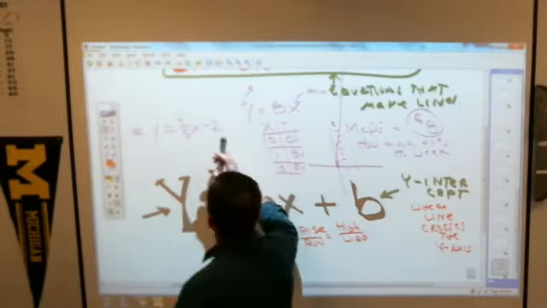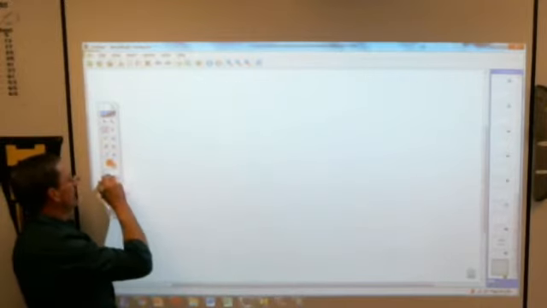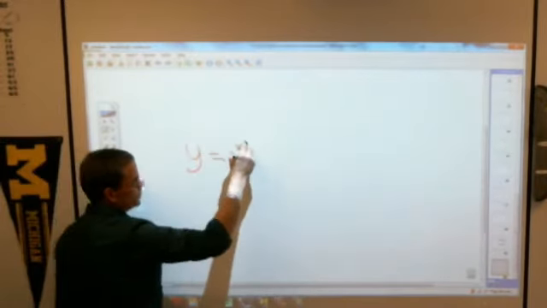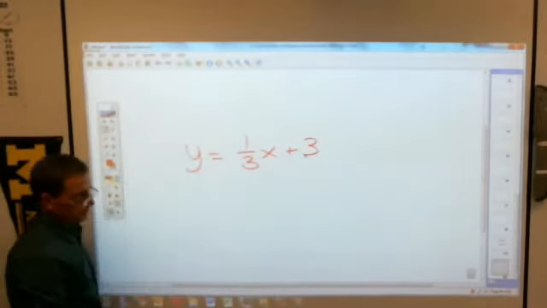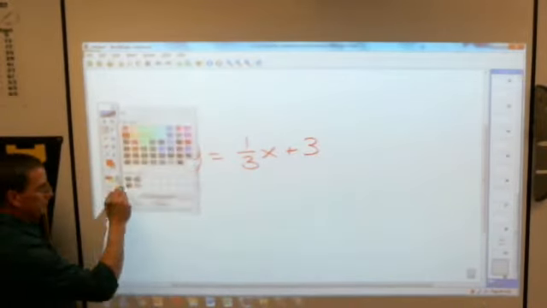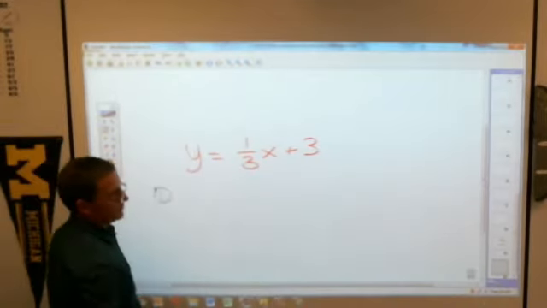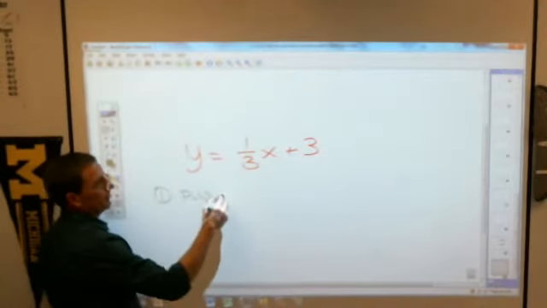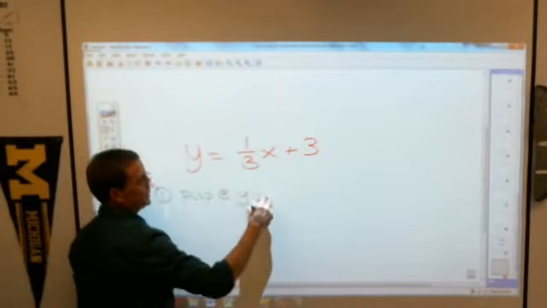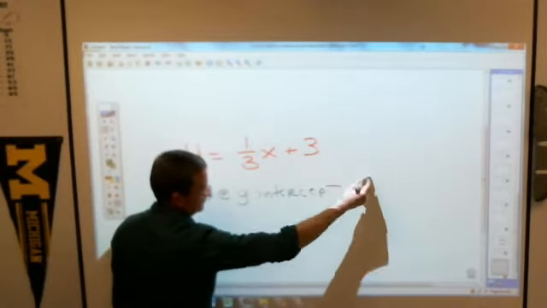Here, let me give you another one. Take a look here. Here's another example. Let's say y equals 1/3 x plus 3. The first thing you do is you plot, which means put a point at the y-intercept, which is right here.